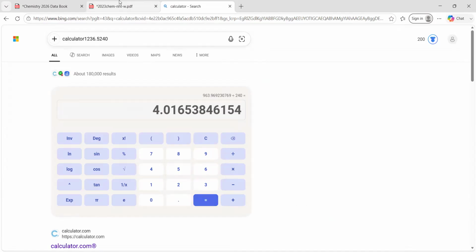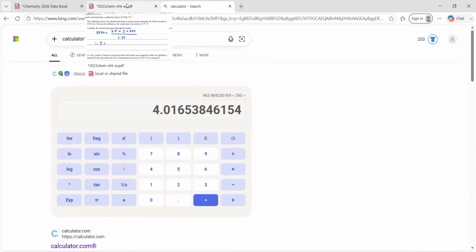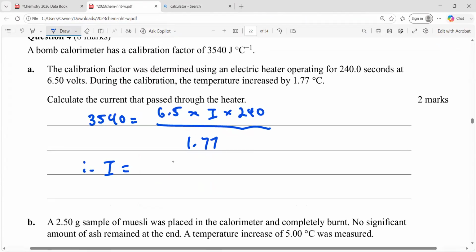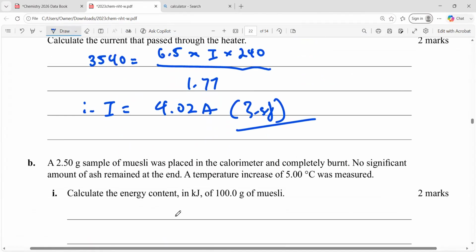All right, 4.02 amps. Three significant figures, I reckon. Cool. I don't know if we need any more working out for that.